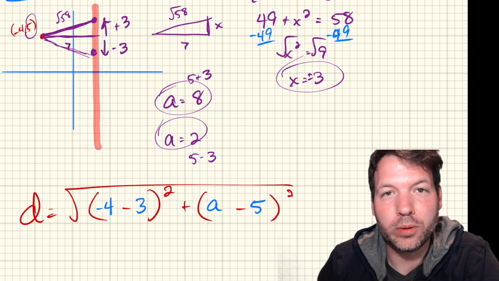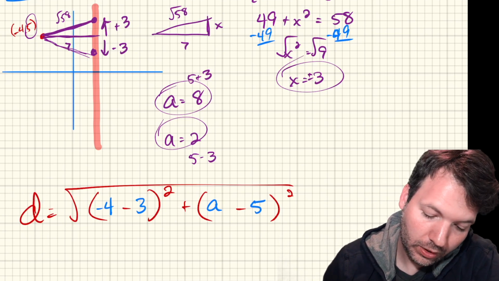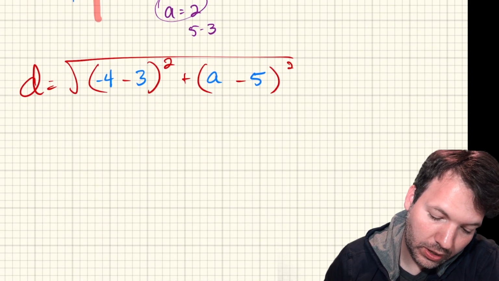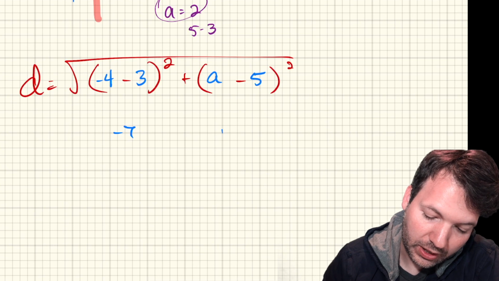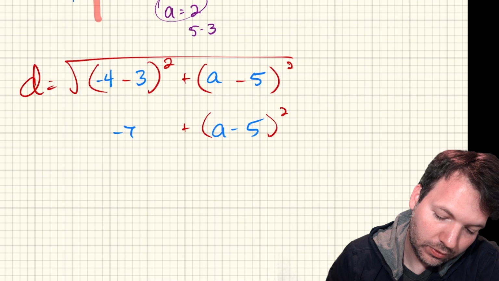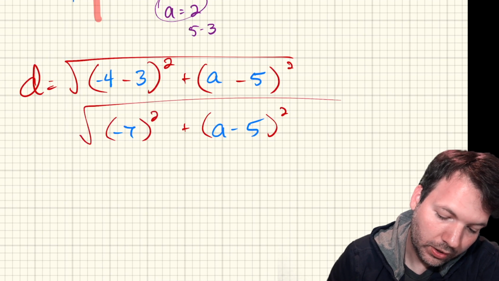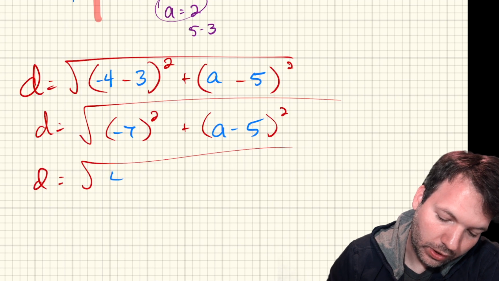And again, the order makes no difference, so let's just put the variable first. That's generally easier. -4 minus 3 is -7. a minus 5 just stays a minus 5. Everything else stays in red. Squared, squared, square root.